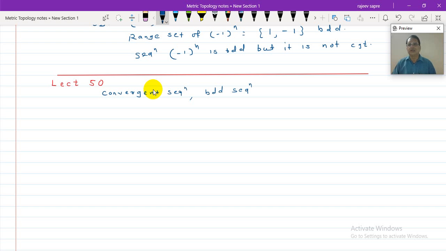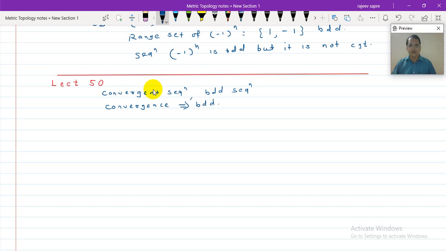Also, what is the relation between these two? Whenever a sequence is convergent, convergence implies boundedness. When a sequence is convergent, it is bounded. Is the converse true? We have said no. We have produced an example also, that a bounded sequence need not be convergent.